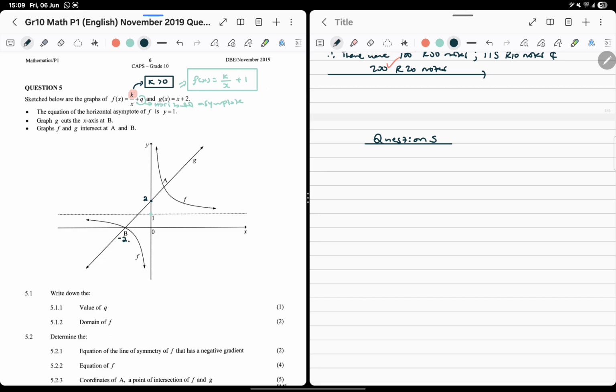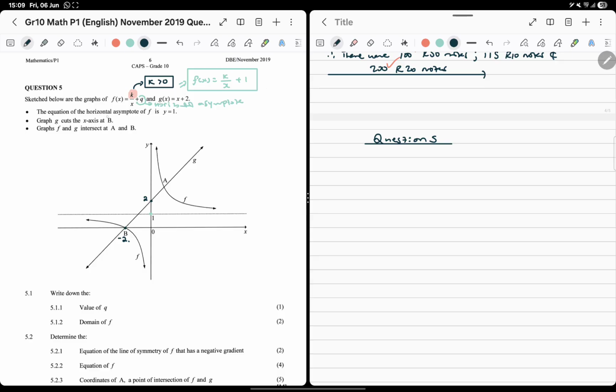So it means point B is actually minus 2 and 0. And we can see it's a common x-intercept for the hyperbola as well as our straight line equation g. So literally this gives us point B nicely. All right, so this is as much as we can do with that.